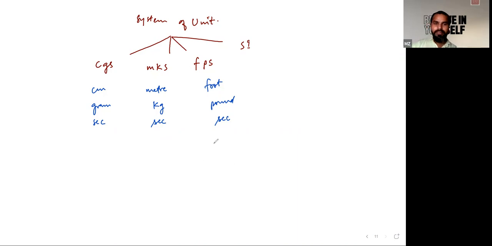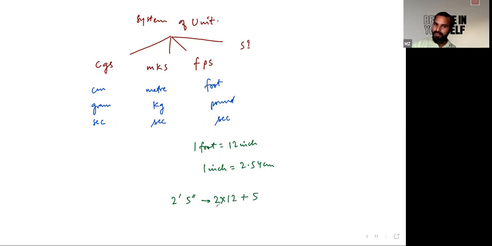Let's say for FPS, 1 foot is equal to 12 inches and 1 inch further equals 2.54 centimeters. So if you want to convert a length in feet into meters, let's say 2 foot and 5 inches, it will give you 2 into 12 plus 5.